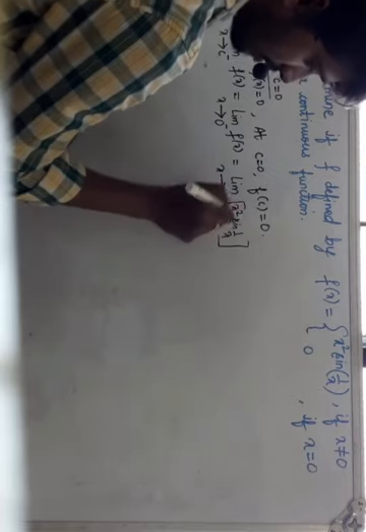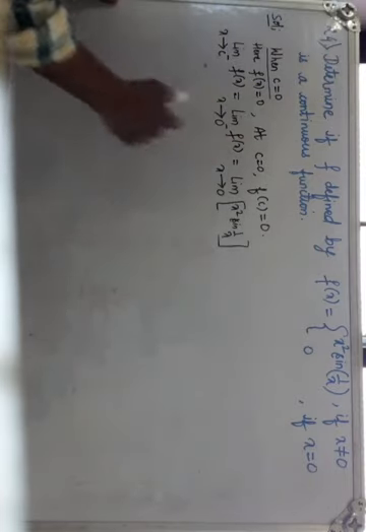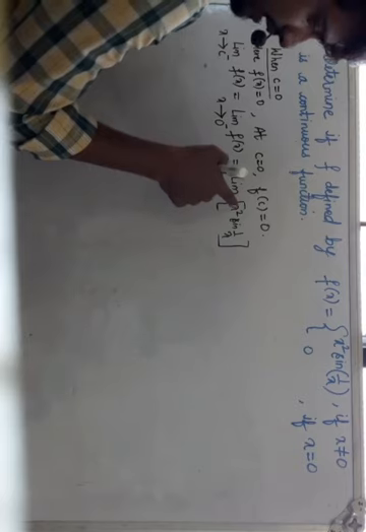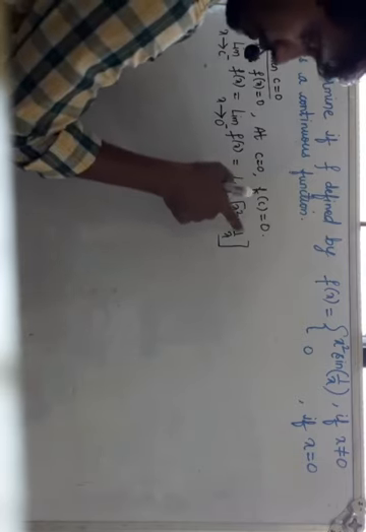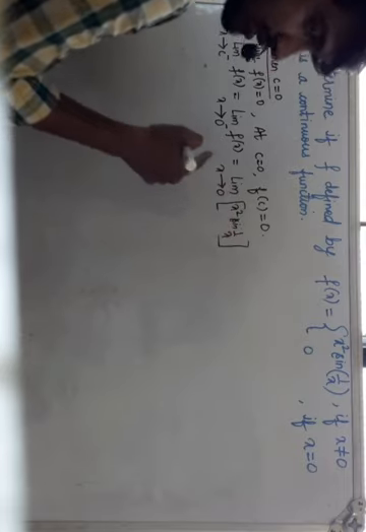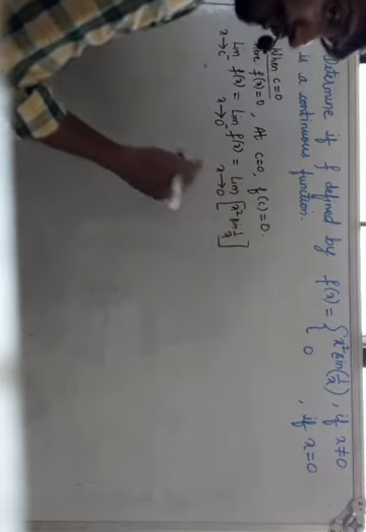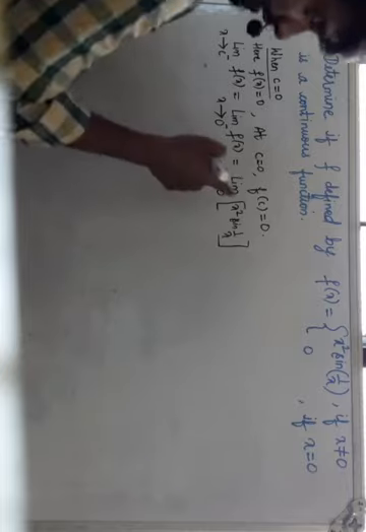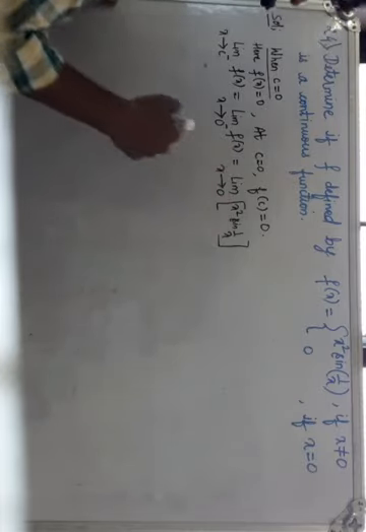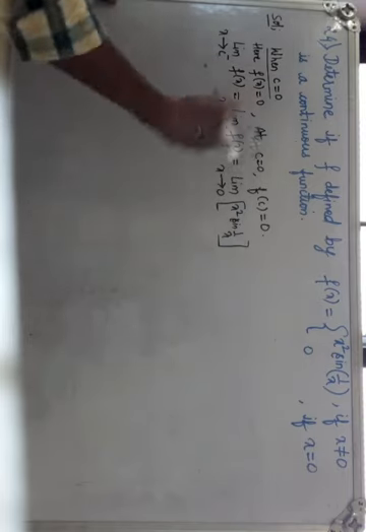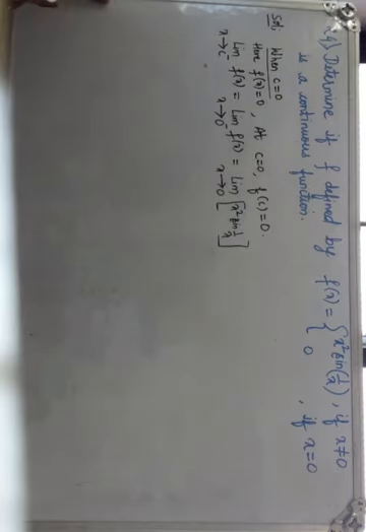Substituting x as 0, we get 0 square into sine of 1 divided by 0, which is sine of infinity. So 0 into infinity is an indeterminate form. That is why I go for another method, the application of the sandwich theorem, to calculate the value of this limit.